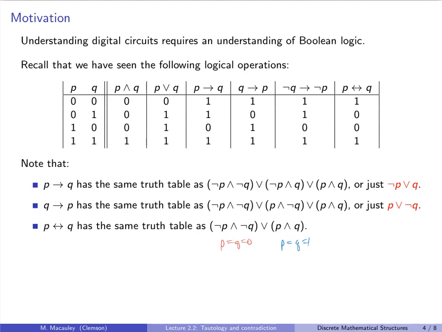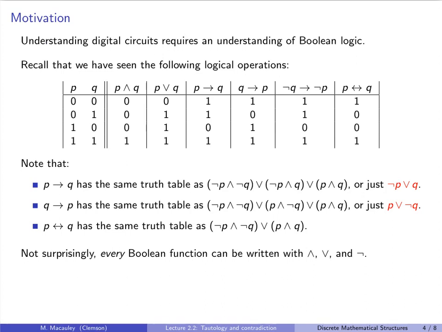Notice this first one says that when P and Q are both 0, the entry in the truth table is 1, and the next one says that when they're both 1, the entry in the truth table is 1. So unfortunately, this could not really be simplified beyond this the way that these can. And if you studied electrical engineering, perhaps you are familiar with the fact that the XOR gate is more complicated than just an OR gate or an AND gate. And this is an example of this.